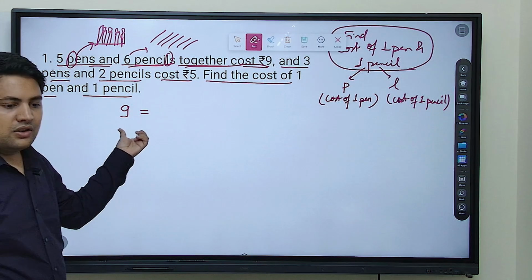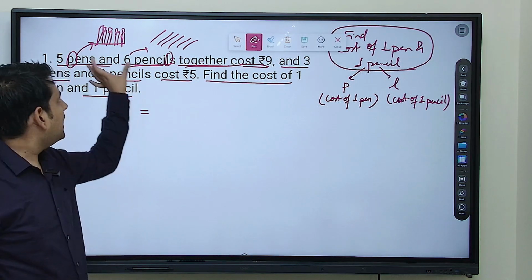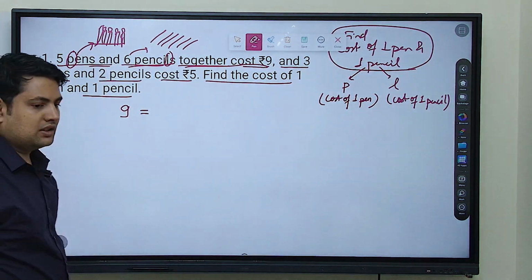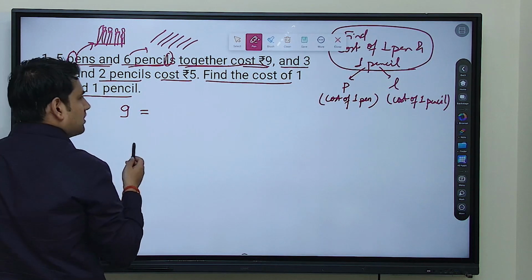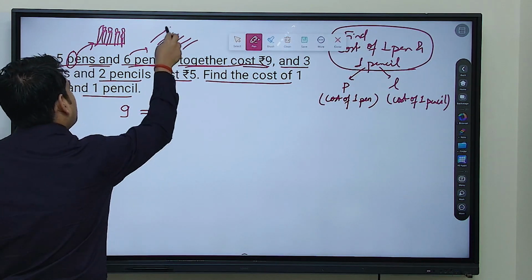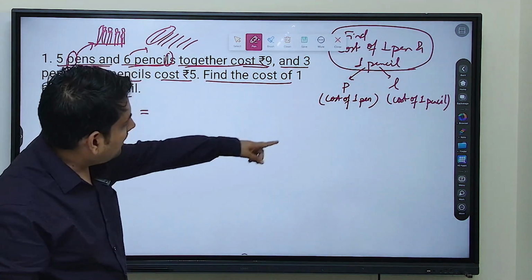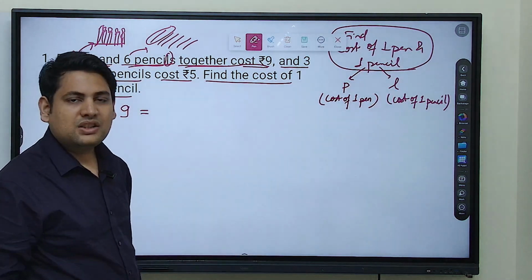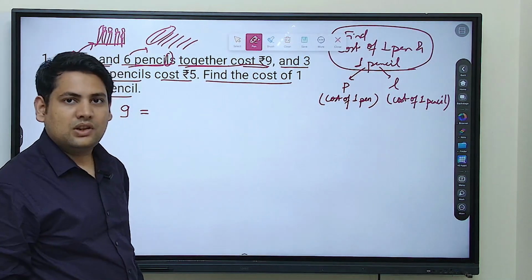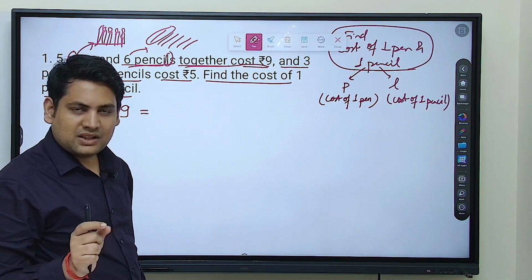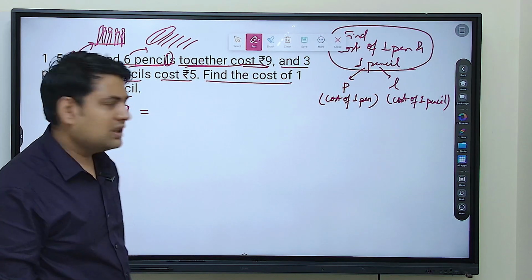Okay, now what will be the cost of this? It says it cost him 9 rupees to buy these 5 pens and 6 pencils. Now how will you calculate the total cost? If one pencil costs L, how much will 6 pencils cost?